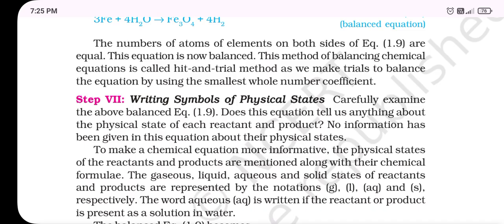What does it mean, using the smallest whole number coefficient?